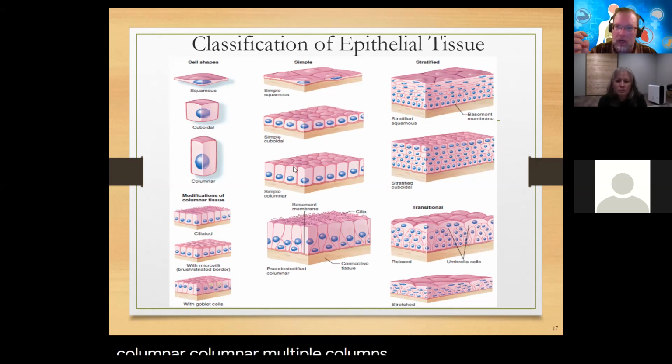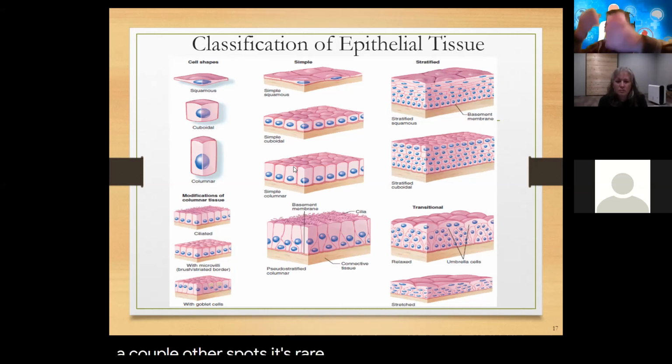We don't see it very often in the body. The conjunctiva, the clear film over the eyes, believe it or not, is stratified columnar. There's a couple other spots. It's rare though.